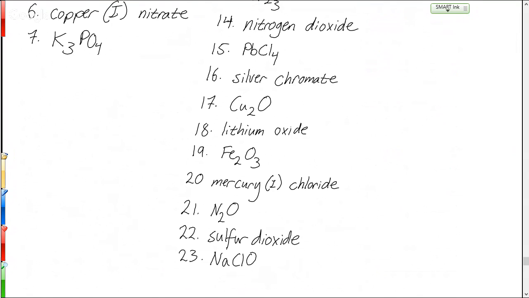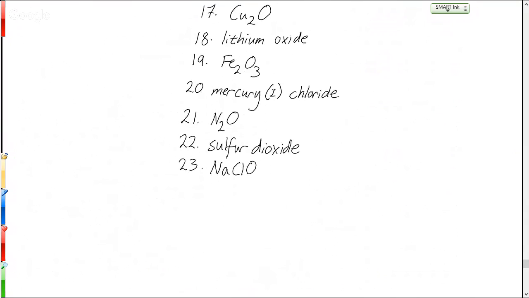Anybody know what that compound sodium hypochlorite is? Also known as NaClO or NaOCl. That's bleach.